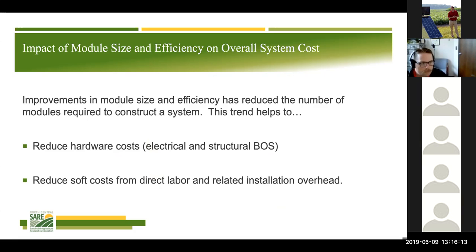So as we continue to see larger increases in efficiency and power output from modules, we could expect to see an ongoing downward trend, or a beneficial influence, I guess, on the overall system cost as a result of that.